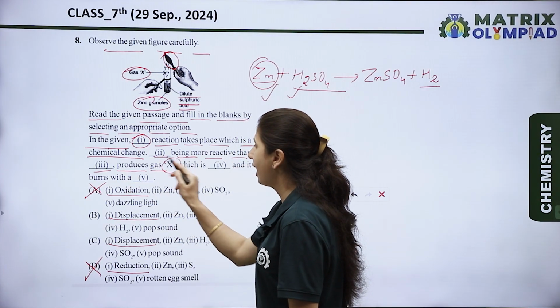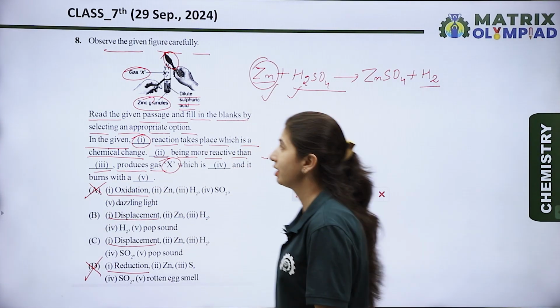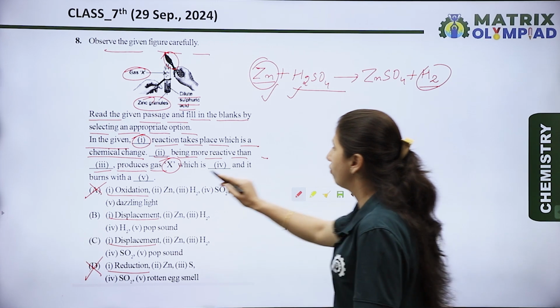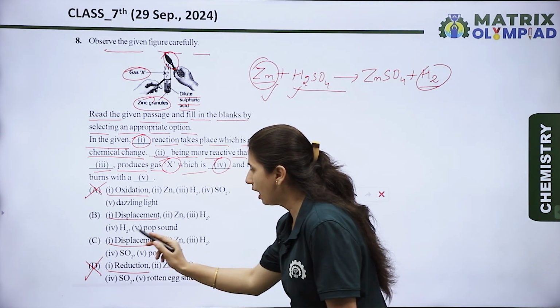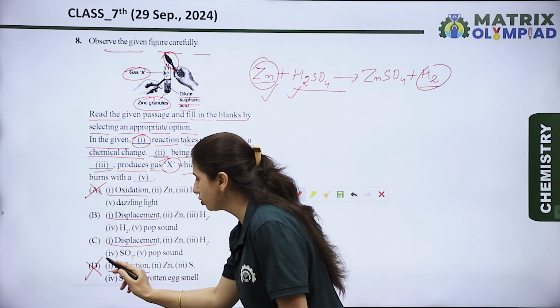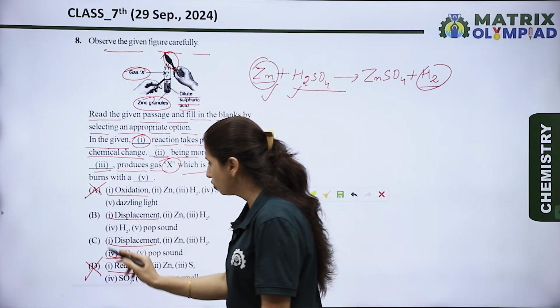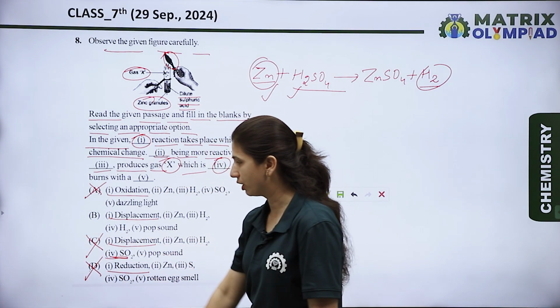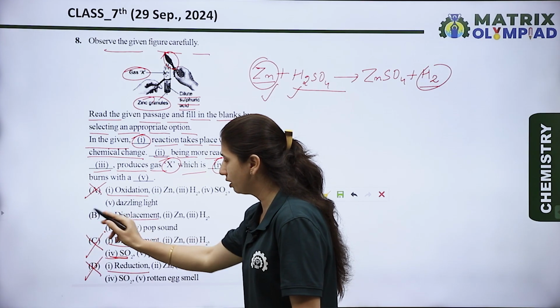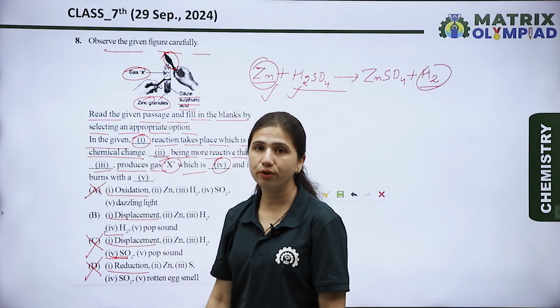Produces gas X, and the gas X is hydrogen gas, which is fourth. Now let's see option C. In option C, fourth is SO2, sulfur dioxide. So it is a wrong option. And now in option B, fourth is hydrogen gas.